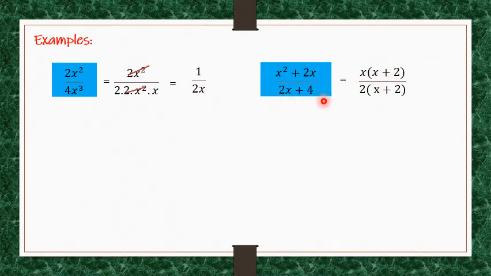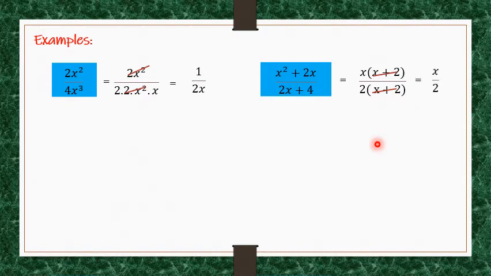For 2x plus 4, we have 2 times x plus 2. As you can see, when we factor both, we see the cancellation of the greatest common factor. If we divide the GCF, the answer must be this. So we have to cancel first the x plus 2, and then the remaining is x over 2.